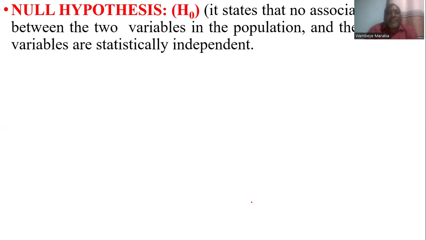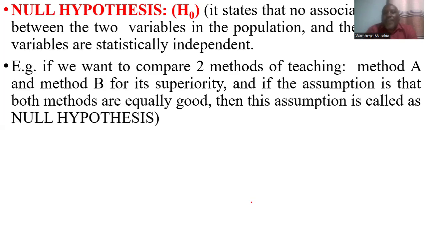The first term we are introducing here is the null hypothesis. This hypothesis states that there is no association between two variables in the population, and therefore the variables are statistically independent. I will illustrate it with an example.